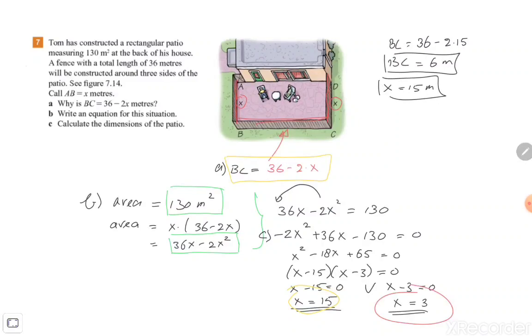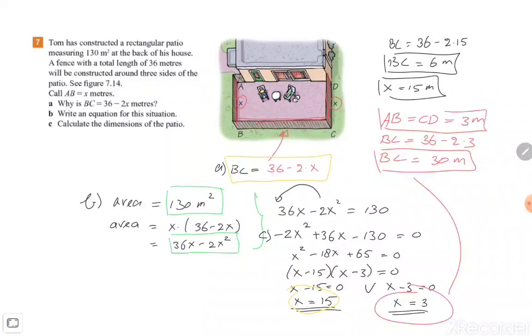In that case, we know that AB is equal with CD, so it's 3 meters, and BC is 36 minus 2 times 3, so BC is 30 meters.